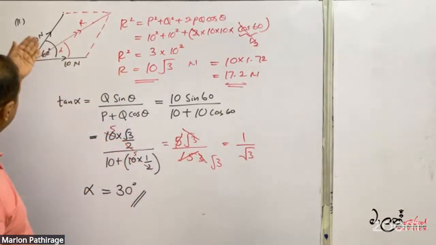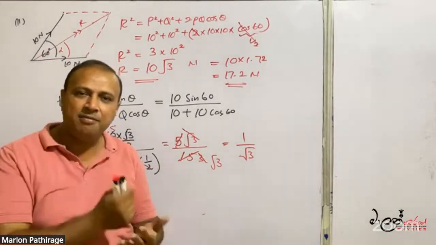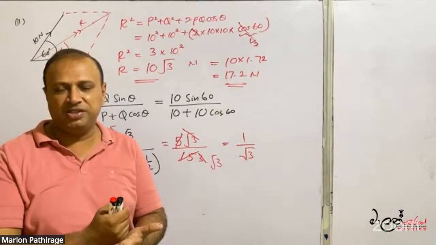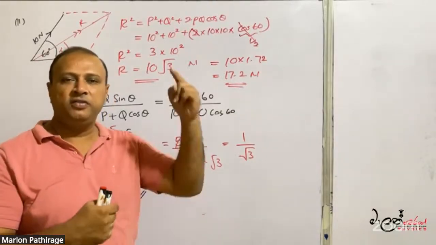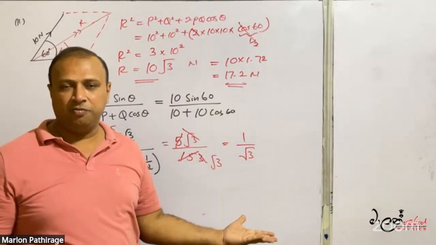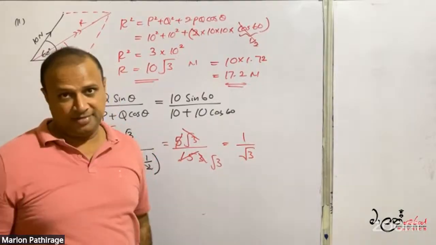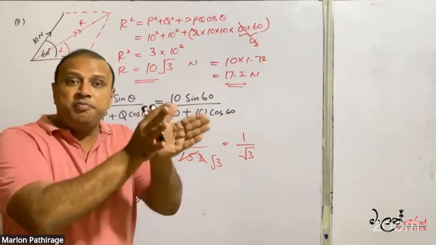Because these two vectors are starting from the same point, we cannot overlap the end point of the first vector and the starting point of the second vector. That cannot be done directly. That is the reason we construct a parallelogram.